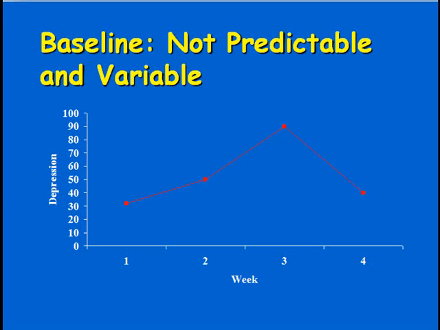When and how was the measure administered? Try to determine why it wasn't predictable, because really you need a stable baseline for the basis of comparison. If you're going to compare it to the intervention, you need a stable baseline.